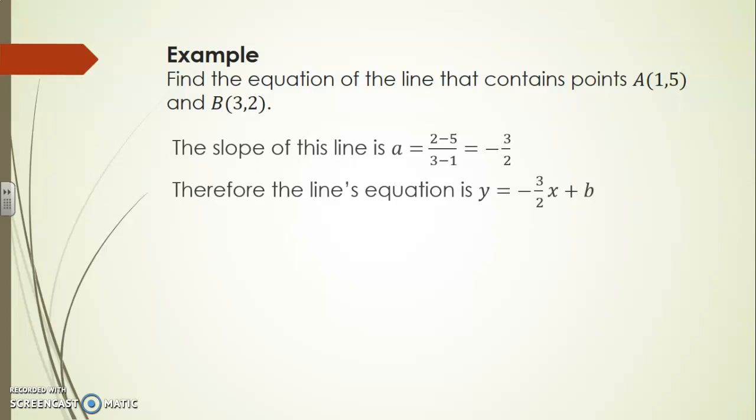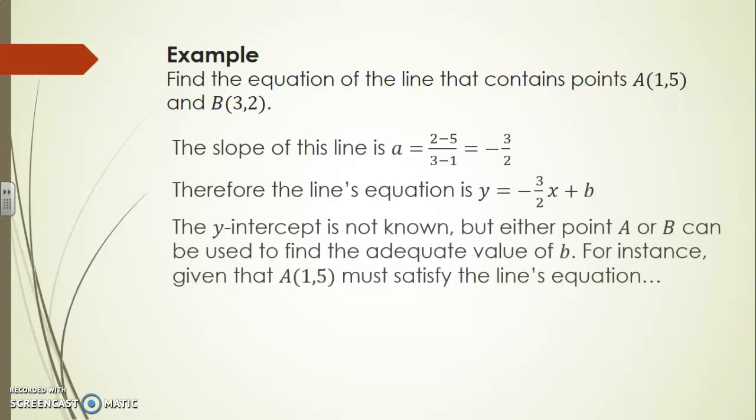So we have a partial equation so far for the line's equation. y equals minus 3/2 x plus b. The y-intercept is not given, but either point A or B can be used to find the adequate value of b.